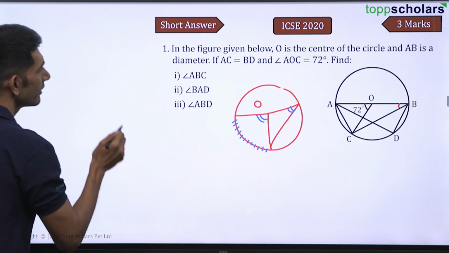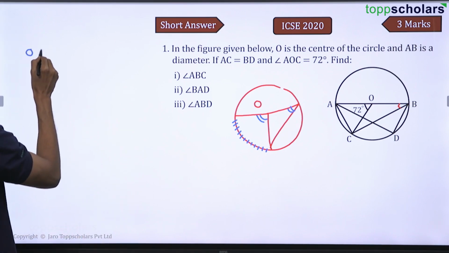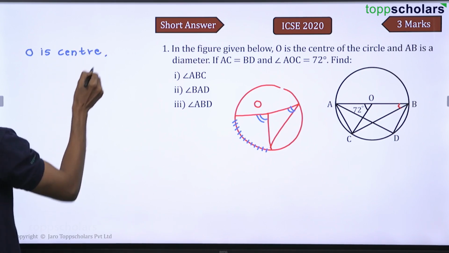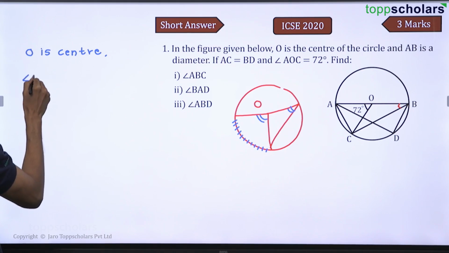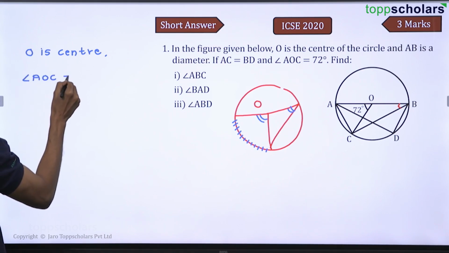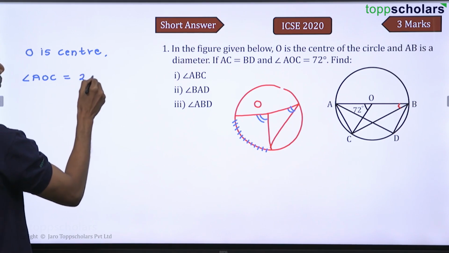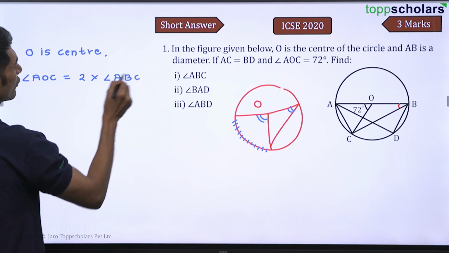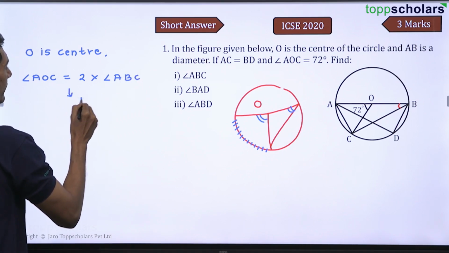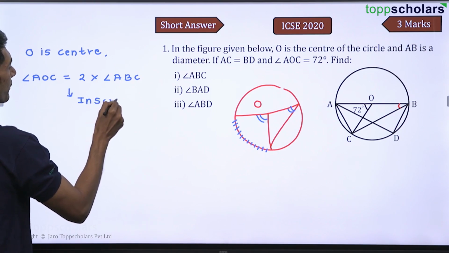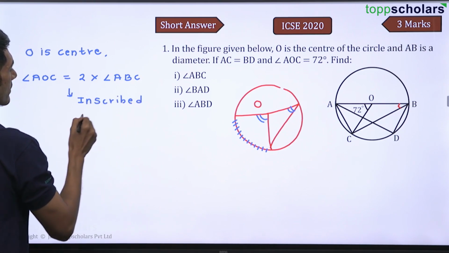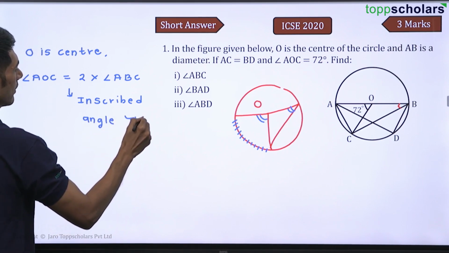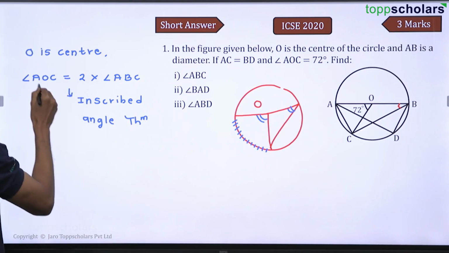So can I say, since O is the center of the circle, angle AOC is double, 2 times angle ABC. This is because of the inscribed angle theorem we have already studied. The reason is the inscribed angle theorem.